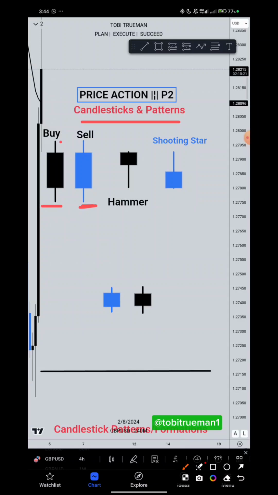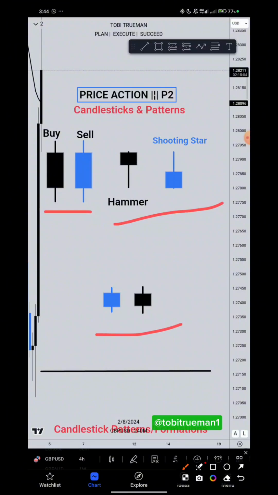We know this shadow is the wick, and this one is the body of the candlestick. Then we have different types of candlesticks. The most important ones are just these 3 categories that we are going to be using mostly. Every other type of candlestick formation can be found using these 3 categories.